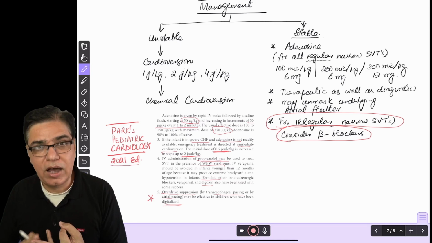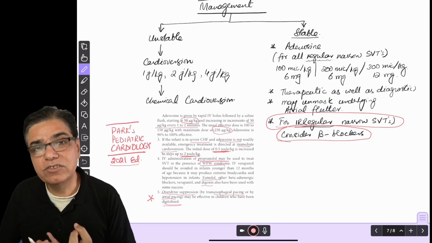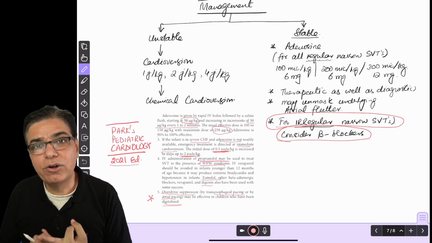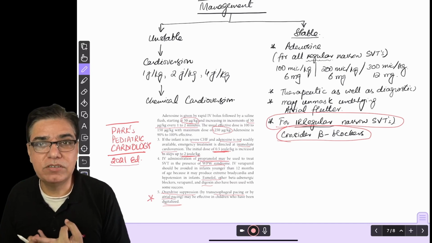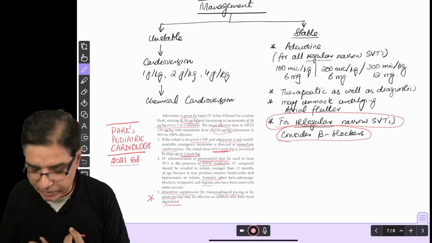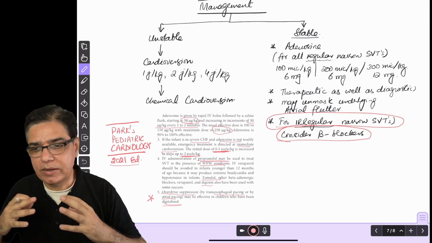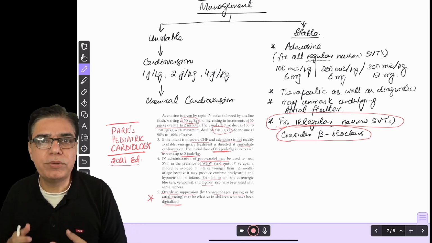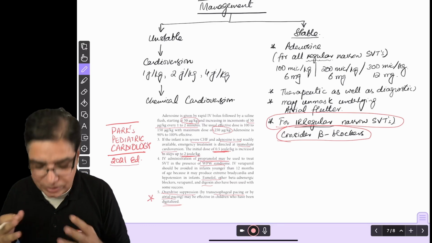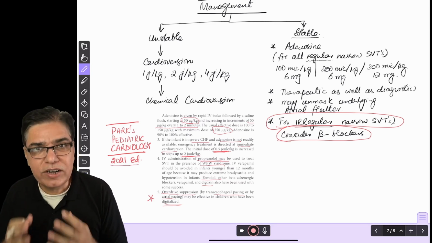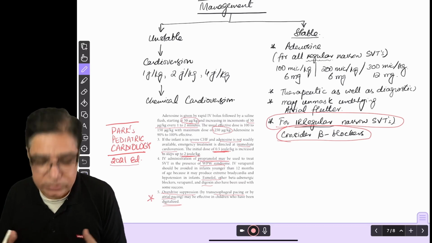And number three, references from the Fleisher and Ludwig textbook of Pediatric Emergency Medicine, another Bible of Pediatric Emergency Medicine. So you get a view of the treatment of this condition from all three standard texts. Let's start with what APLS or PALS say.